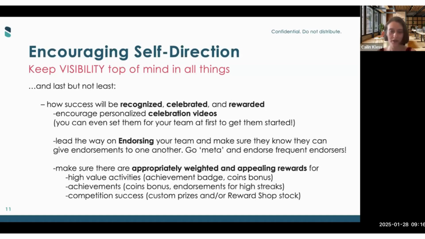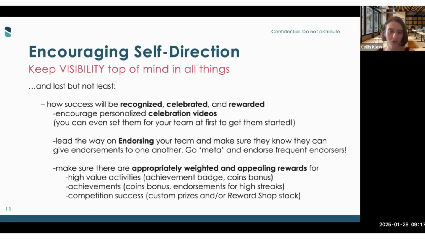Then lastly, make sure that you have your activities and your achievements and your competition prizes appropriately weighted and that they're appealing. So for high value activities, you can give a coins bonus just for completing a sale, for example. That's not something everybody does. Some people are handling it separately through bonuses or whatnot.